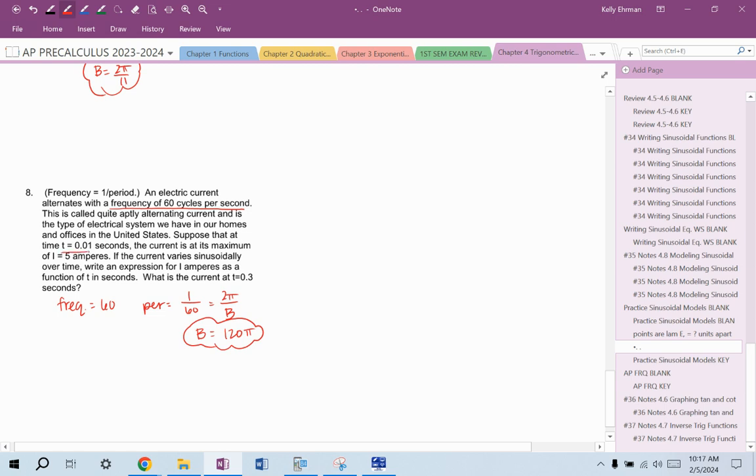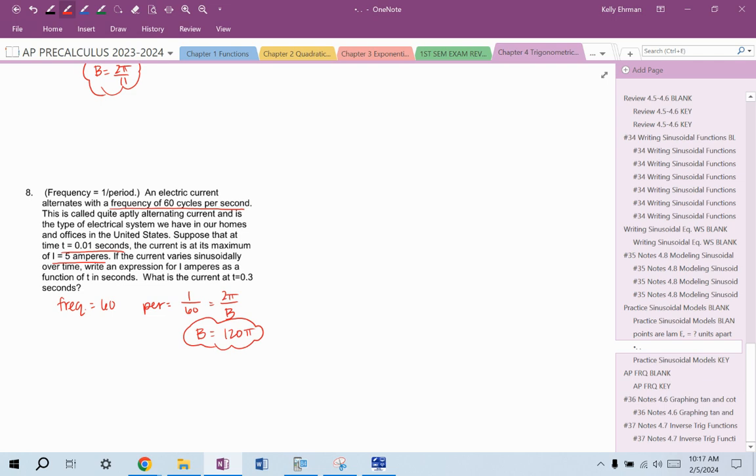Suppose that at t equals 0.01 seconds, the current hits its max of 5 amps. If the current varies sinusoidally over time, write an expression for I as a function of t. All right, now they don't give us a minimum, but we do have to think a little bit about this. We're not going to have a negative amount of electricity here.